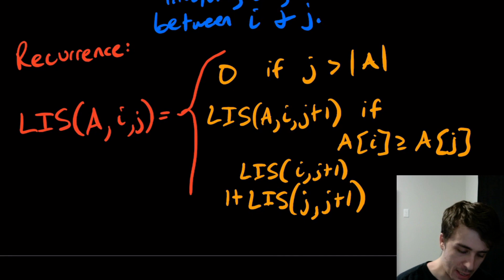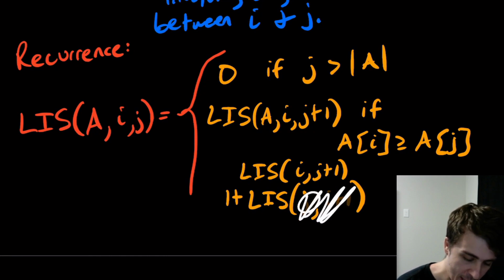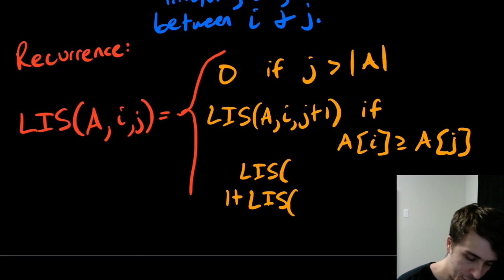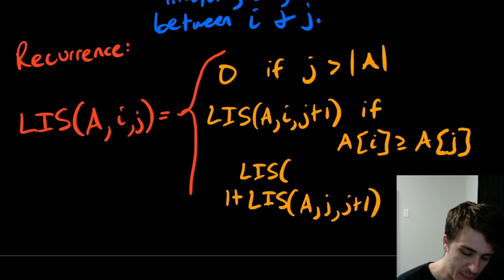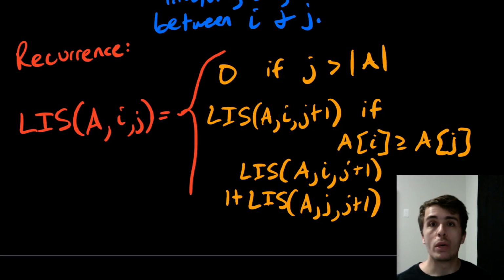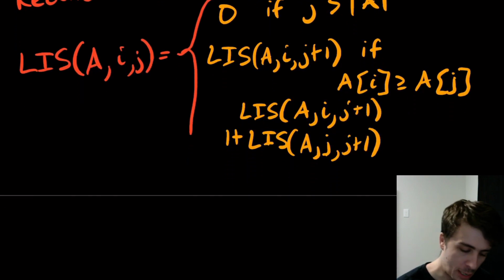If you notice, these two parameters are the same as these two. Oh, I should include the array A here. I didn't do that. So LIS A of j plus 1 down here, and then A i j plus 1. Well, I don't know which one of the two it's going to be, and I'm always trying to find the longest one possible, so I'm going to take the max of both.